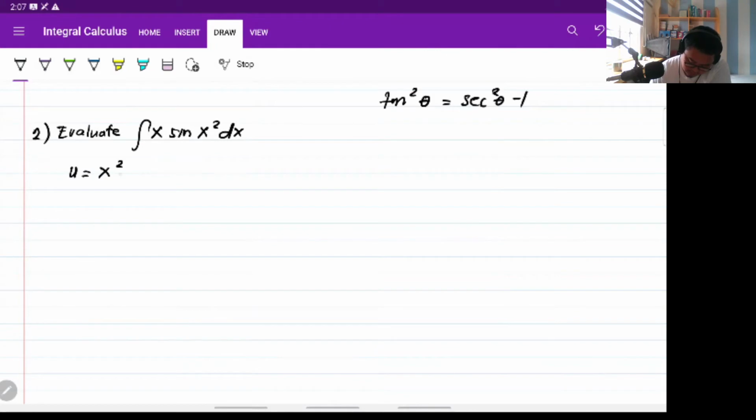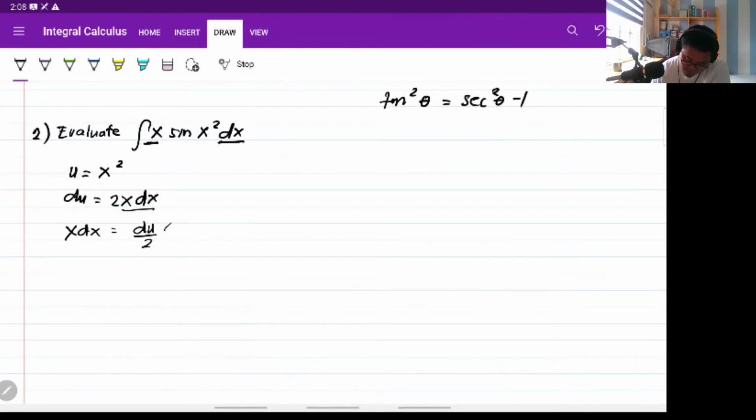So du would be 2x dx. We have x dx here, so we will represent that in terms of u. x dx will be equal to du over 2.